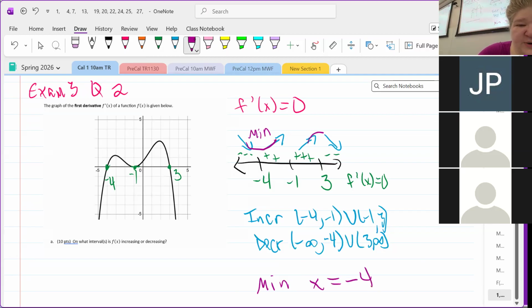And then it goes from increasing to decreasing at 3. Now, we don't know what the y value on the original function is for those 2 points. So I can only say where the max and the min occur. I can't list an ordered pair.